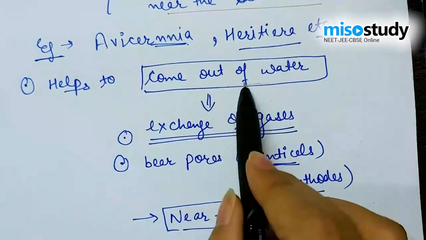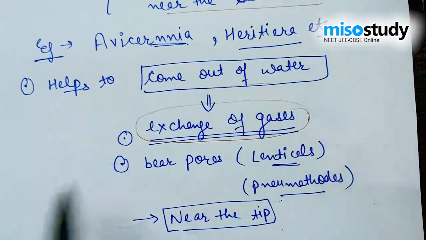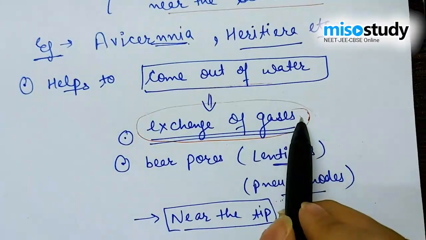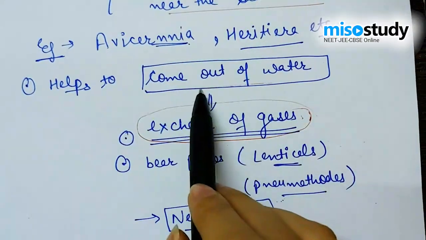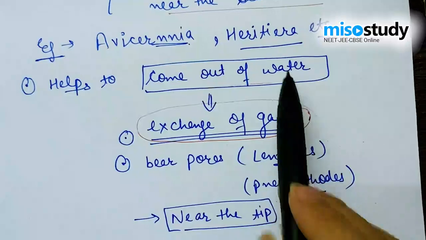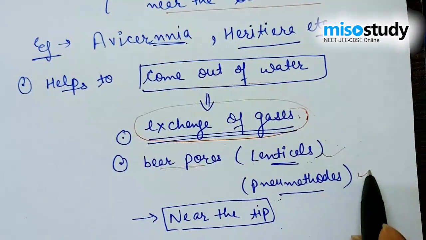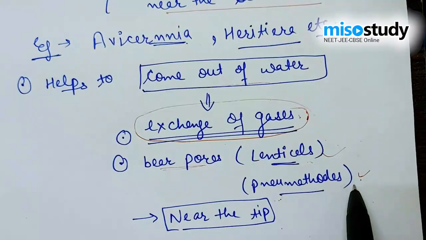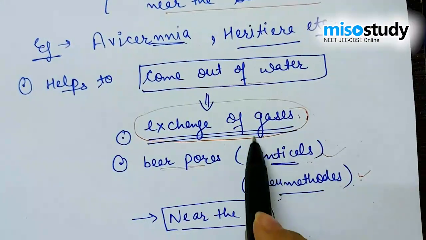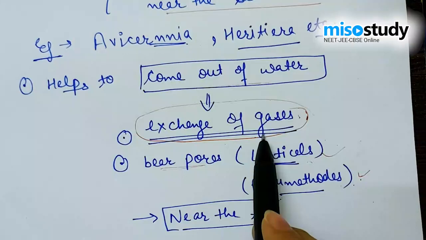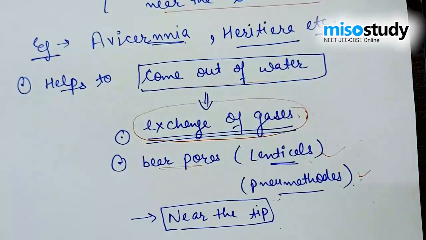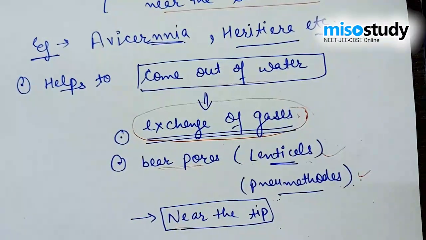They help in exchange of gases. How do they do the process? Roots generally come out of water and possess pores named lenticels and pneumathodes, with the help of which they exchange various gases for the plants, and they are present near the tip.